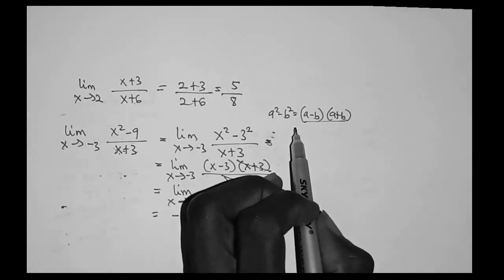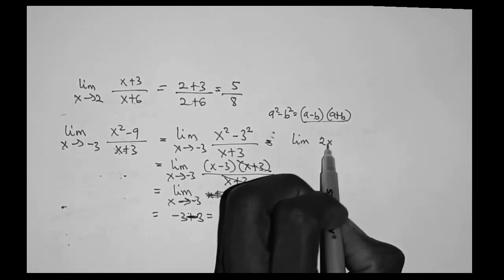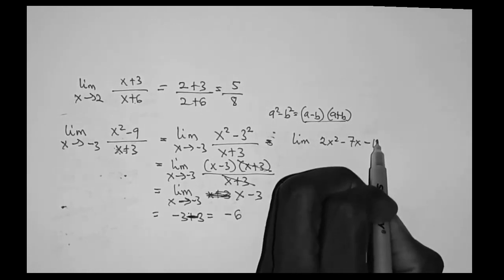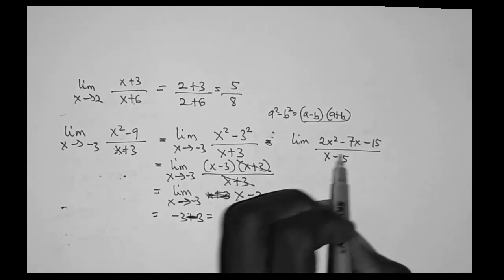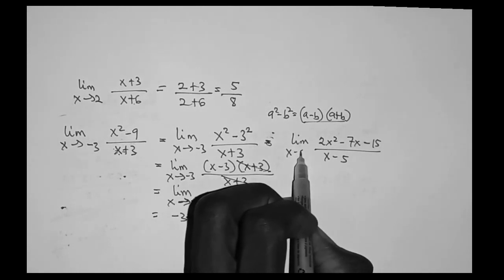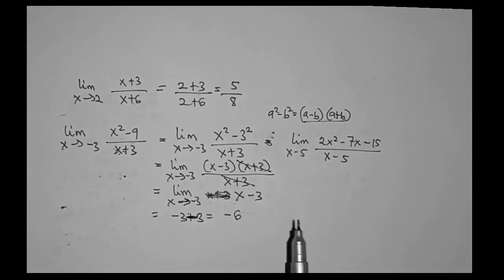Let's also find the limit as x approaches 5 of 2x squared minus 7x minus 15 divided by x minus 5. What will this approach?